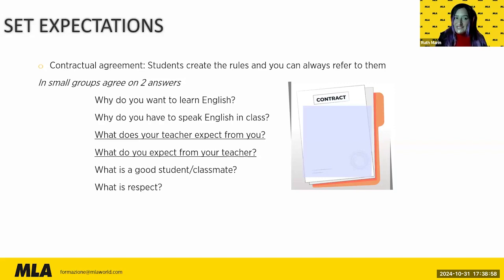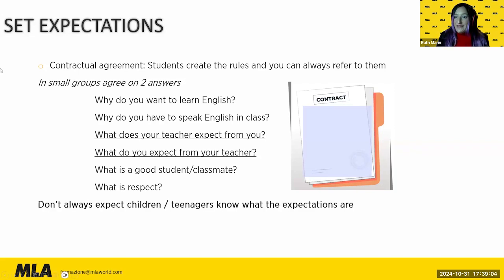So once they've done this, it's kind of tricking them into thinking that they want to do what I want them to do. And they've already written it, they've done it collaboratively, and then we just sign it and always go back to it. When things go wrong, I take the contract, I show them, and ask, do we need to revise this or is this still valid?